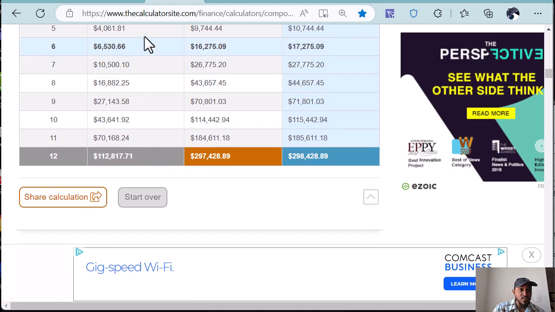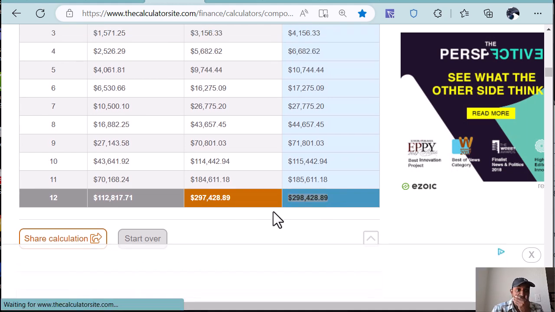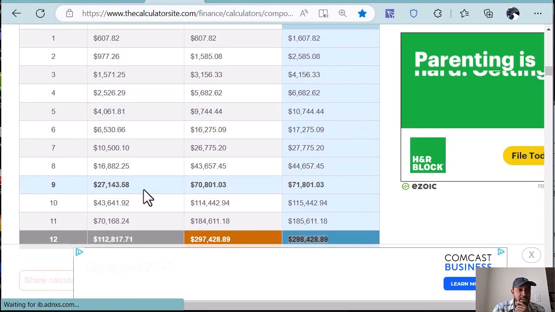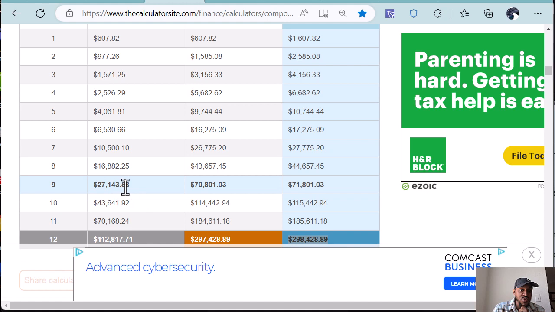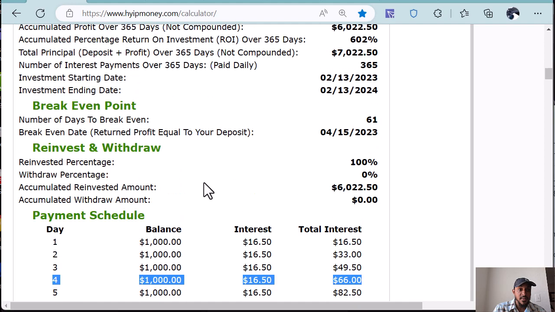So when we see that process continue to play out, at the end of the year, if you didn't touch it, you'll have $298,000 in your investment balance. But at any time, if you got to month 9 and you said, well, I want to get some of this out, you can do that. You can do that because at month 9, you'll have $71,000 in your account trading.